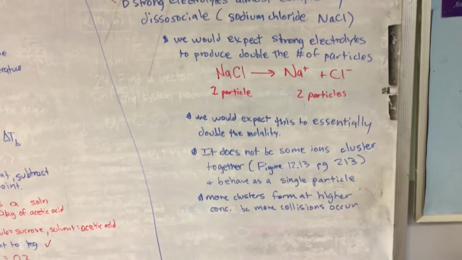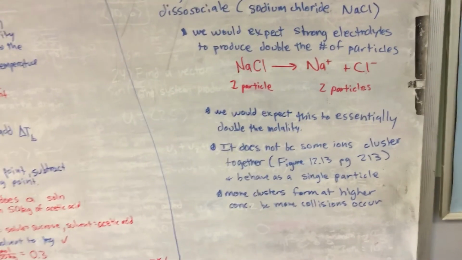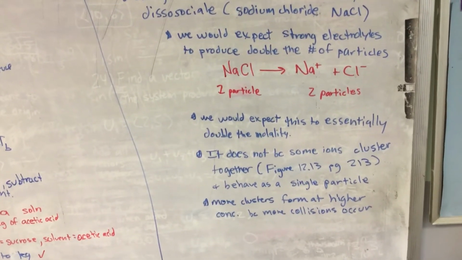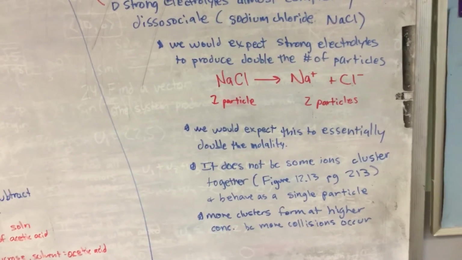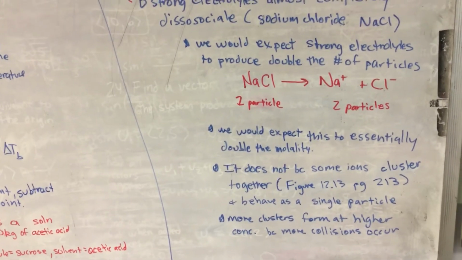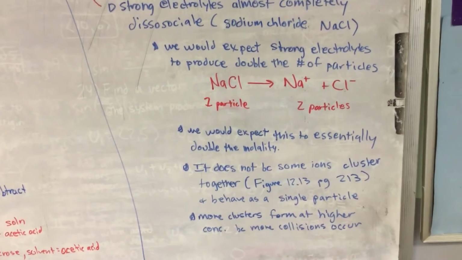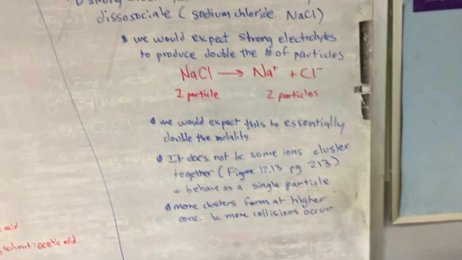Okay, you can see an excellent example of this on figure 12.13 on page 213. Okay, when they're clustered together, they behave as a single particle. The higher the concentration, the more clusters will form. So eventually, as we increase the molality, it's going to level off because all our ions will be becoming clusters.